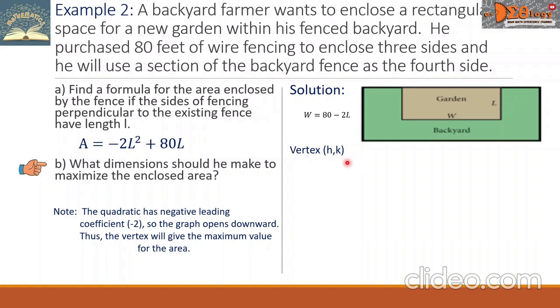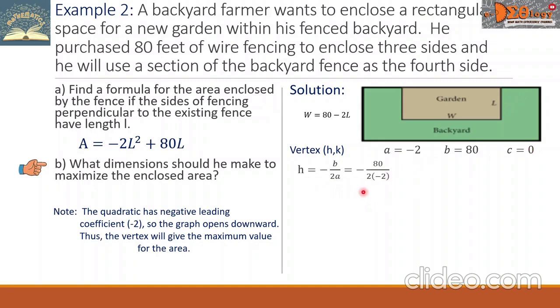But before that, let's collect the values of the coefficients of this quadratic equation. So we have the A, which is negative 2. This is the coefficient of L squared. The B is 80. This is the coefficient of L. And the C, the constant, it's not here, so we write 0. Now let us solve for H, and the formula is negative B over 2A.